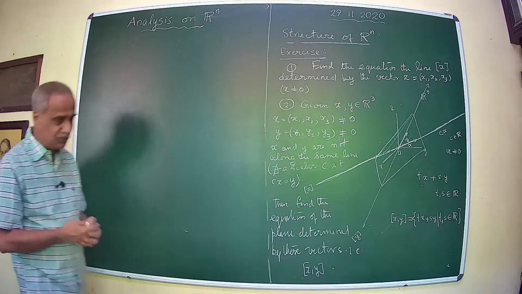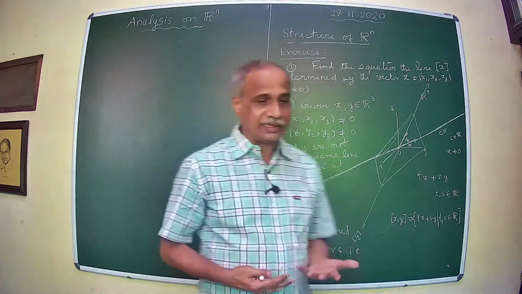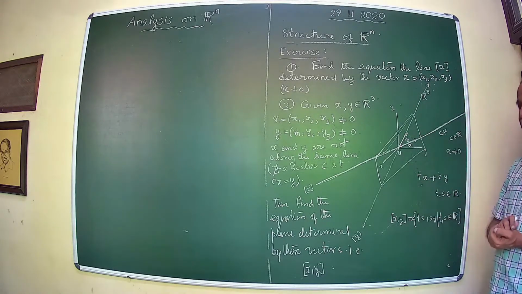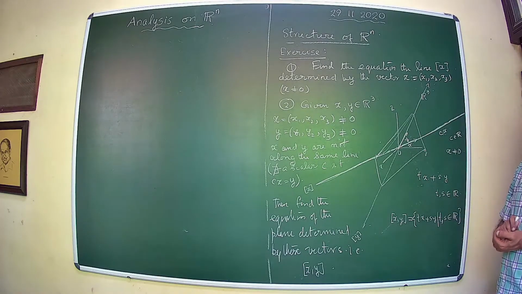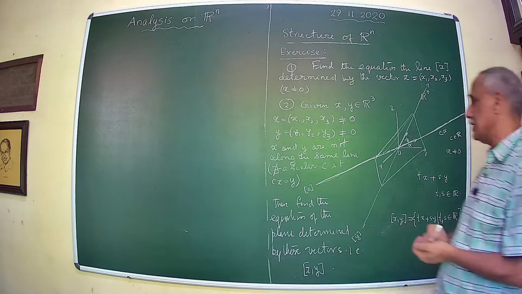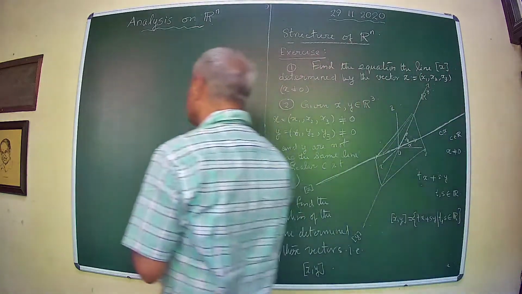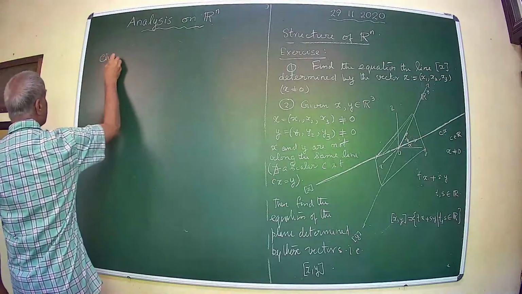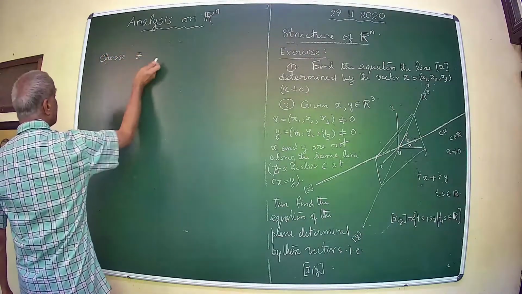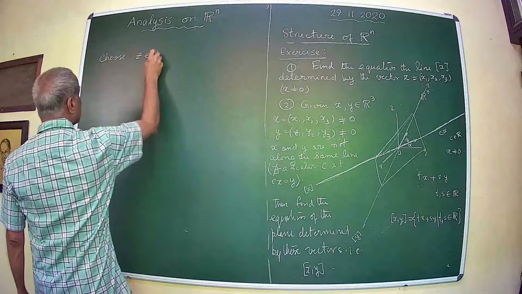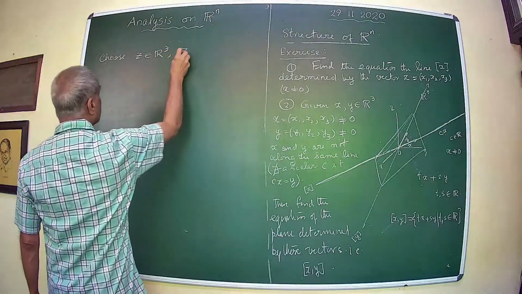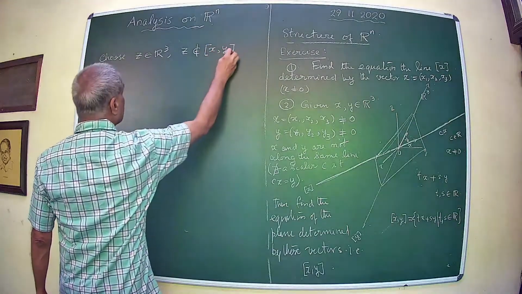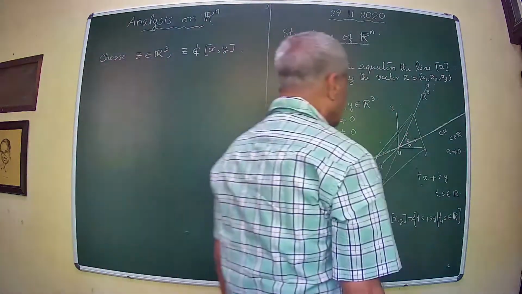What do you do? You take a non-zero vector which is not lying in the plane determined by x and y. Okay? So choose a z which does not belong to the span of x, y.